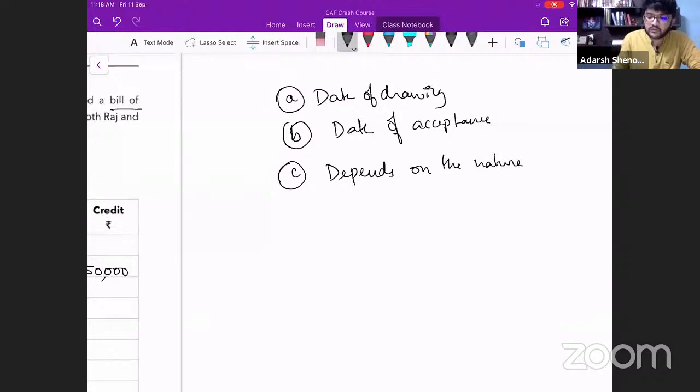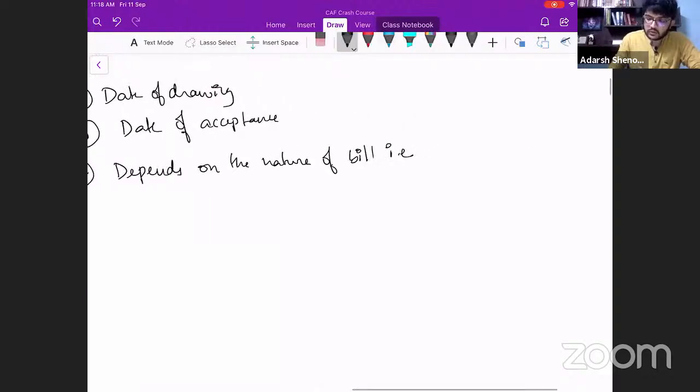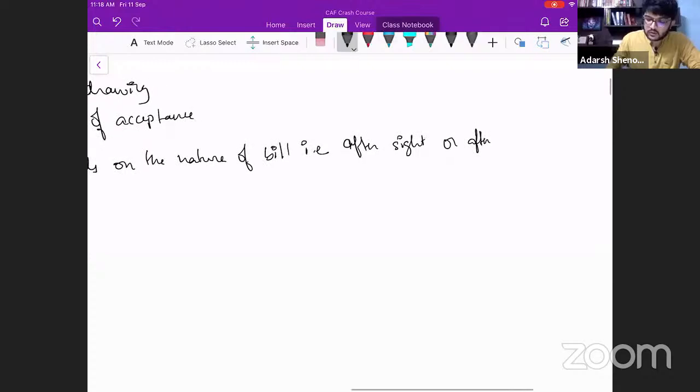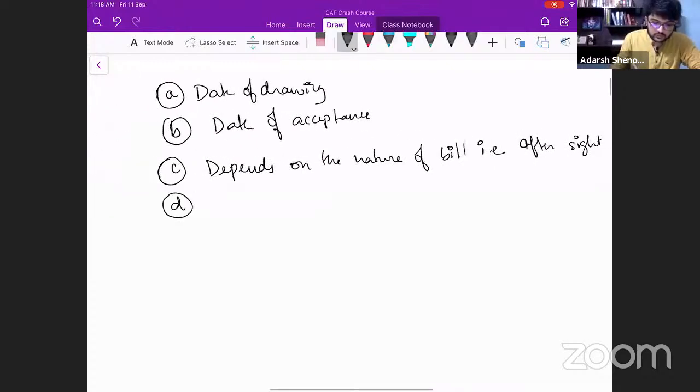That is, if it is after sight or after date, it depends on this. Option D, whenever the drawer is free.